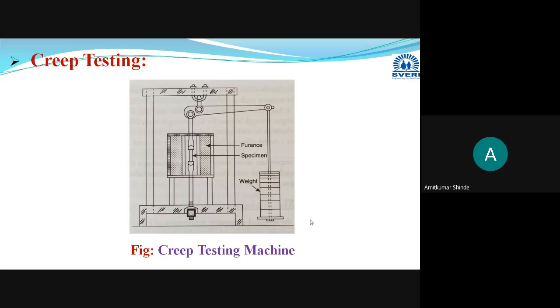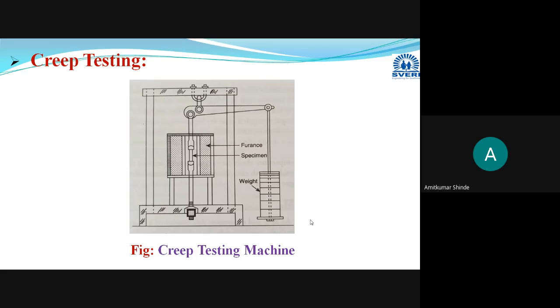After knowing the creep behavior of a metal under different stress conditions and at different temperature conditions, we can understand up to which temperature a material is suitable for higher temperature conditions, or simply you can say that we can determine the suitability of a particular metal for high temperature service conditions with some stresses acting on that material.